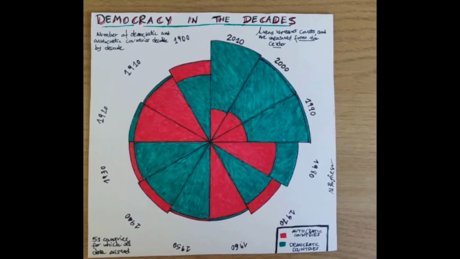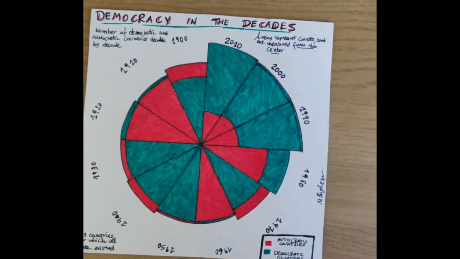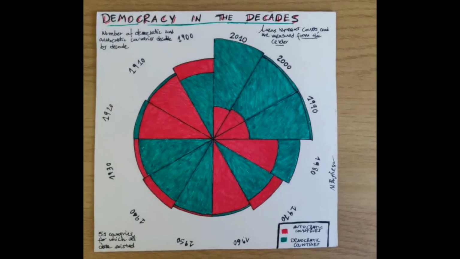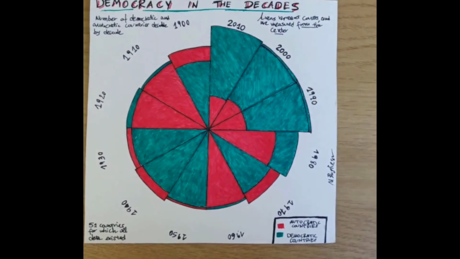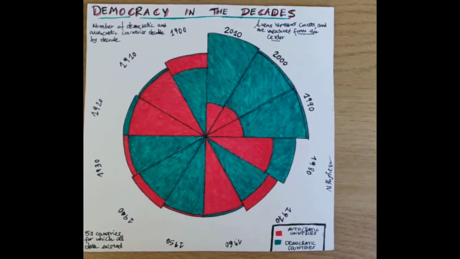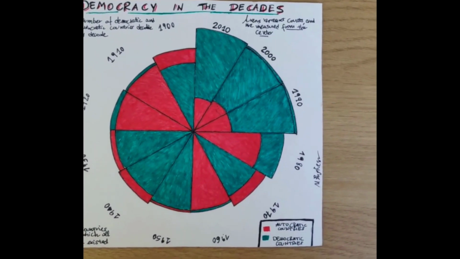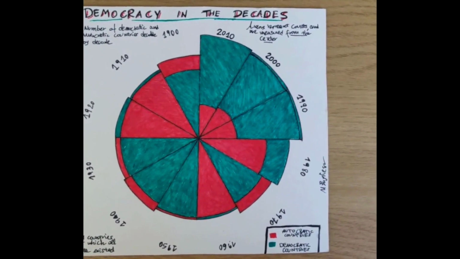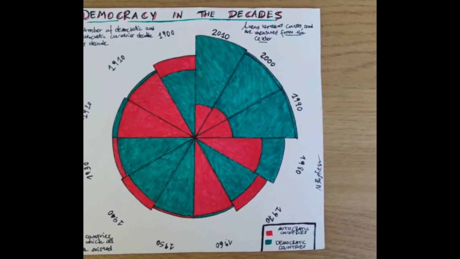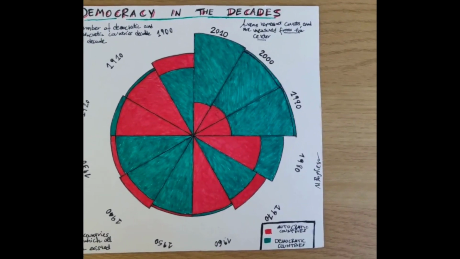But this database really doesn't work. So I was trying to use a Nightingale chart, which is this exploded radial chart, which is really a bad choice for this. So the areas are supposed to represent the numbers of countries which are in the green, the democratic ones, and in the red, the autocratic ones.